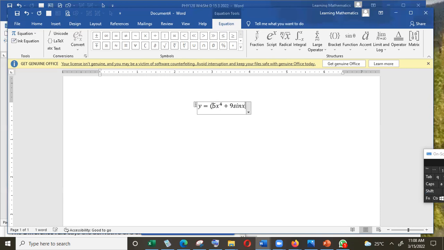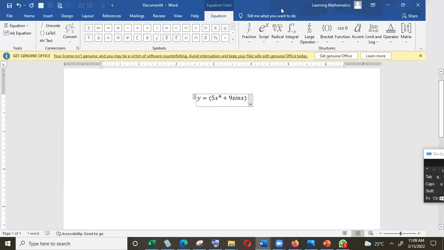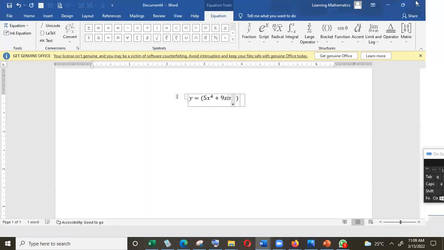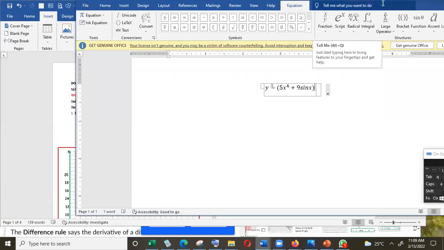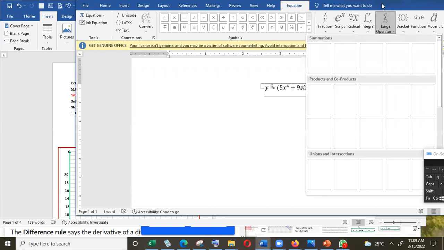But in that function, x appears here in the 5x to the 4, and x appears here in the 9 sine x, and you have a plus separating them. So this can be called a sum function. If you have to differentiate a sum function, you can differentiate each term separately. Bear in mind, a term is separated by a plus or minus.